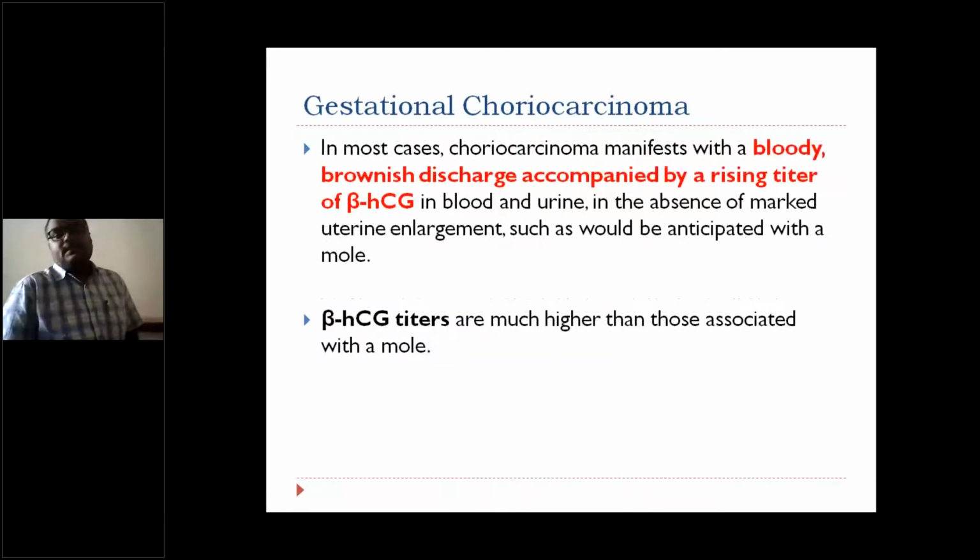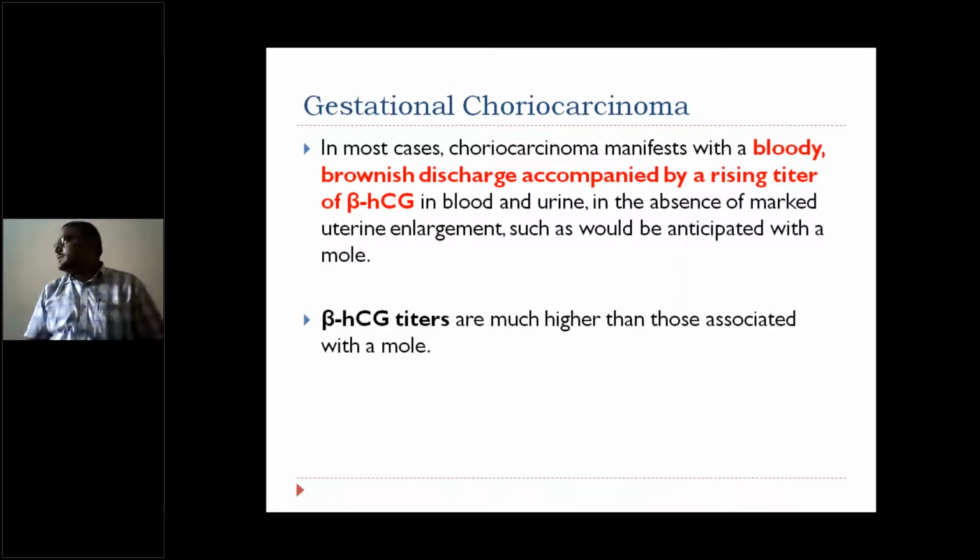In most cases, choriocarcinoma manifests with a bloody brownish discharge accompanied by a rising titer of beta hCG in blood and urine, in the absence of marked uterine enlargement, which would be unexplained. In a normal mole, we discussed that the size of the uterus is larger than expected in a molar pregnancy.